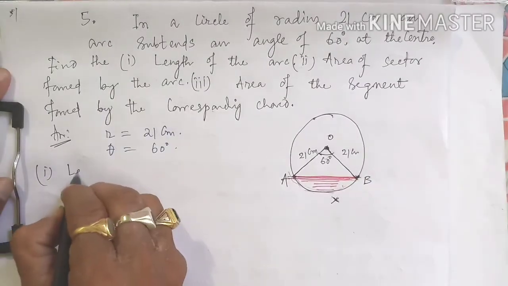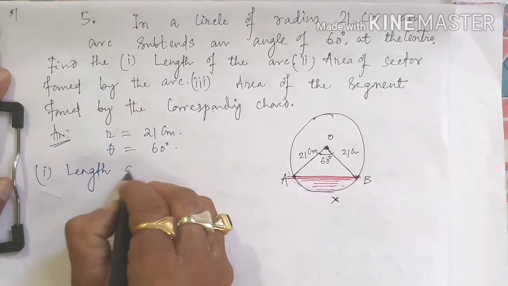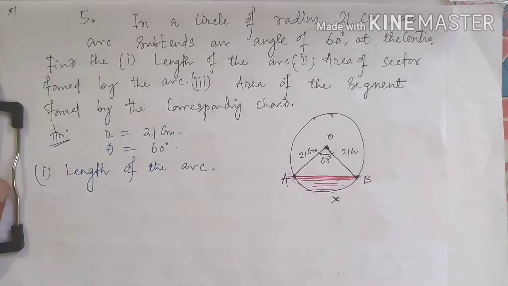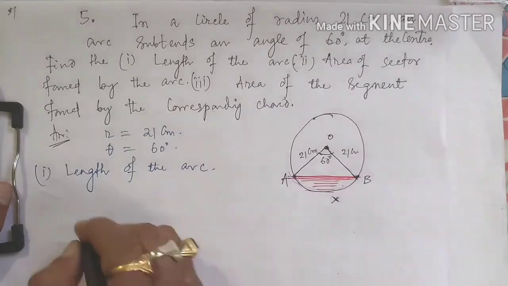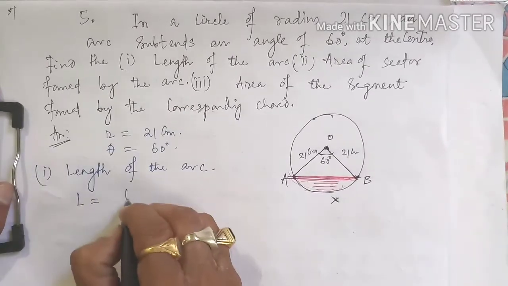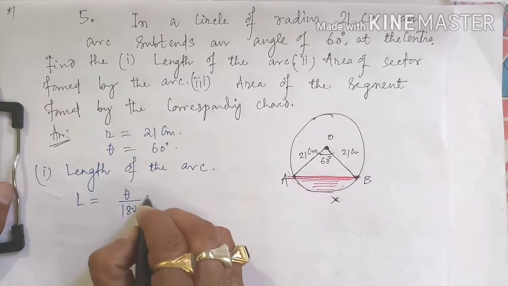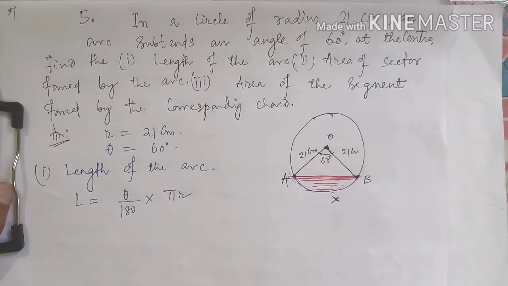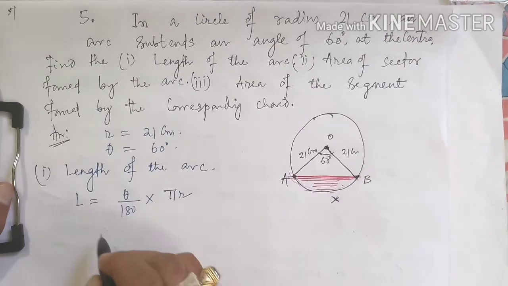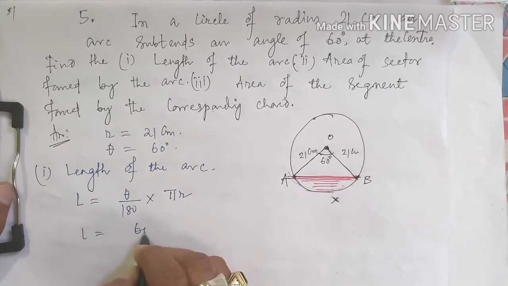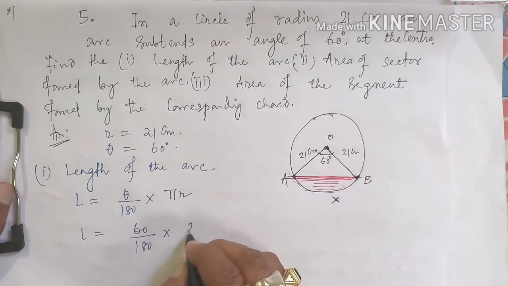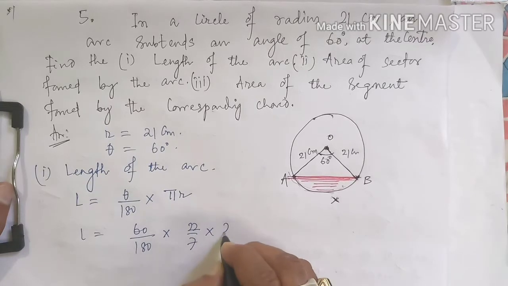Bit 1, length of the arc. How can you calculate the length of the arc here? L equal to theta by 180 into pi r, because theta by 360 into 2 pi r, and 2 cancelled by 360 is 180. L equal to 60 divided by 180 into pi, which is 22 by 7, into r, which is 21.